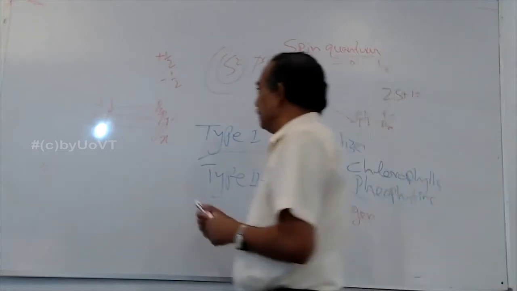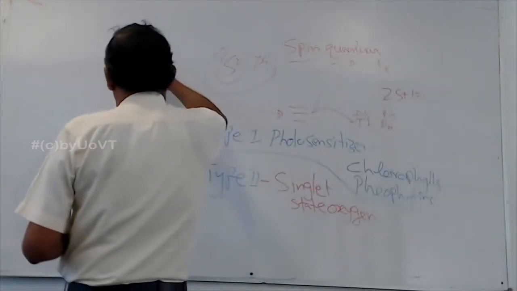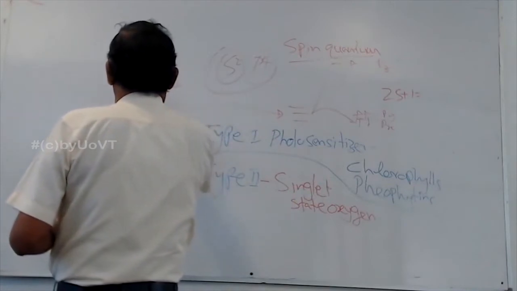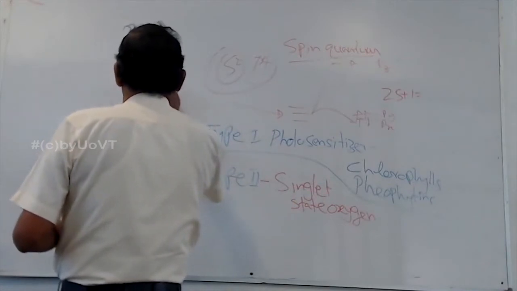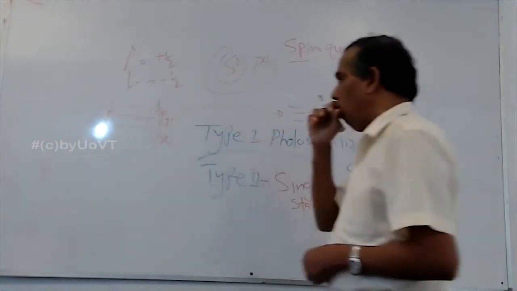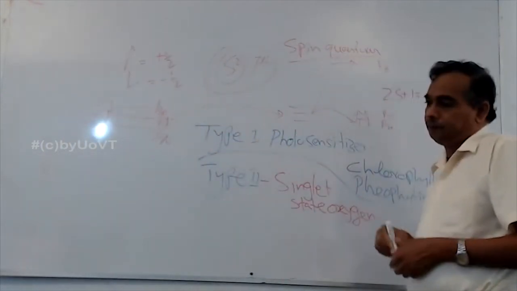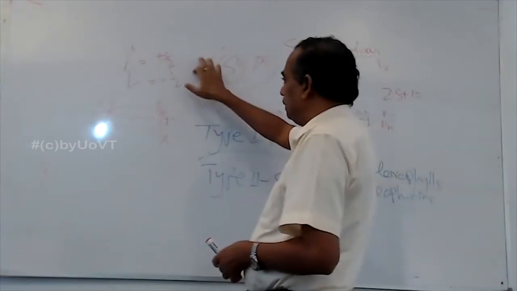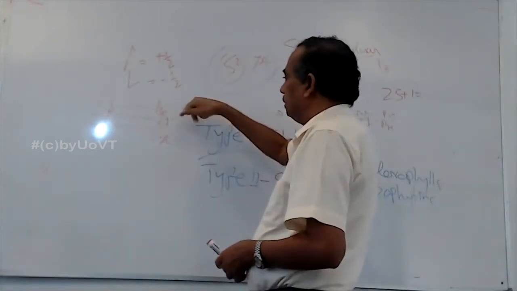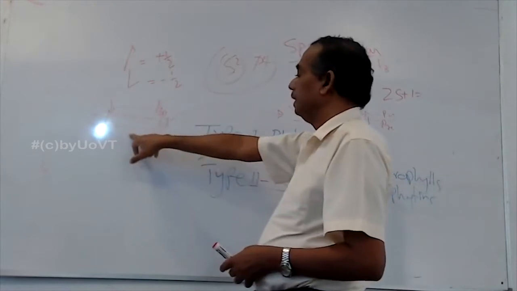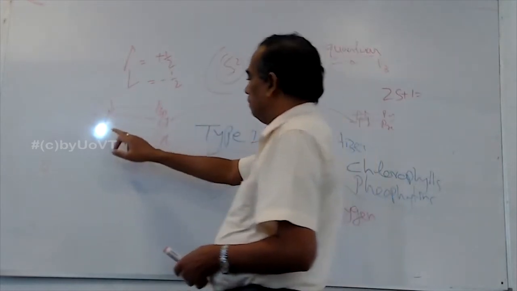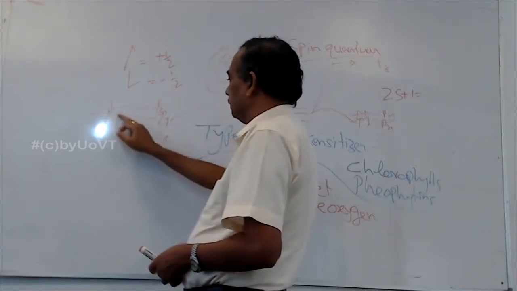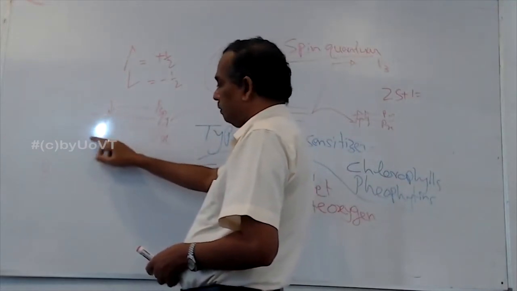We can select that first: if the direction is this side, plus half; opposite to that side, minus half. If you use this key, what is the total S here? In Px, plus half minus half is 0.